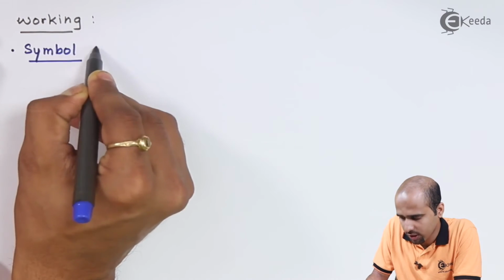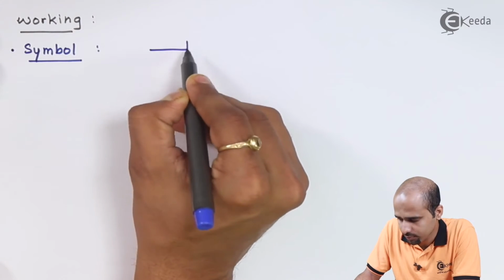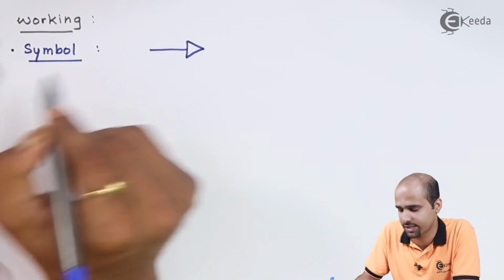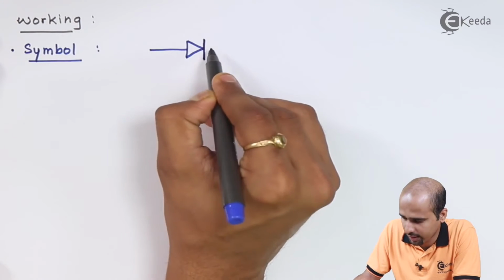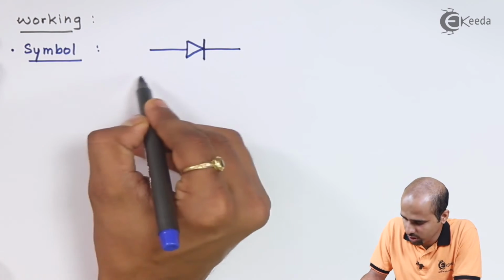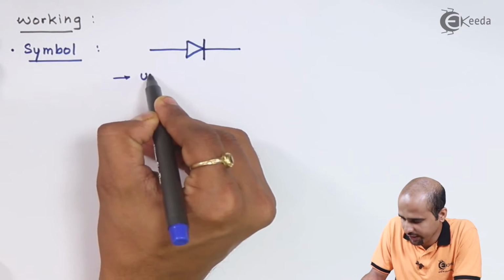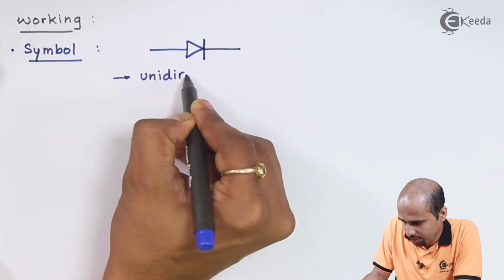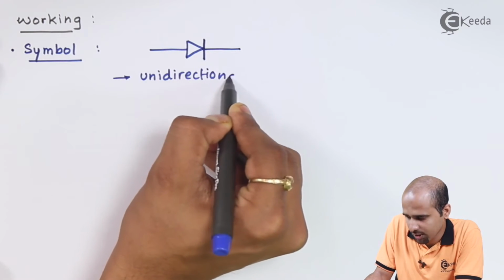The symbol of a diode is nothing but one arrow, that is a triangle, and one line, which shows that this diode is unidirectional. What do you mean by unidirectional?